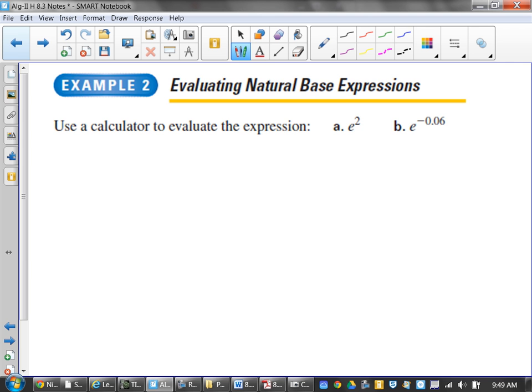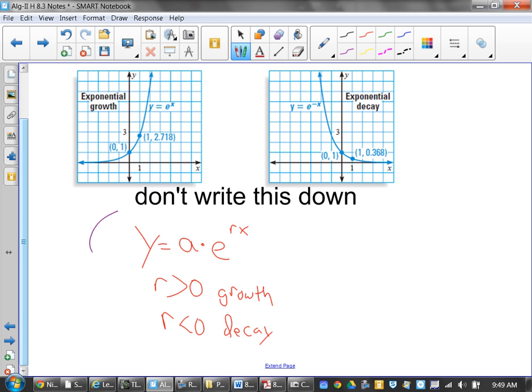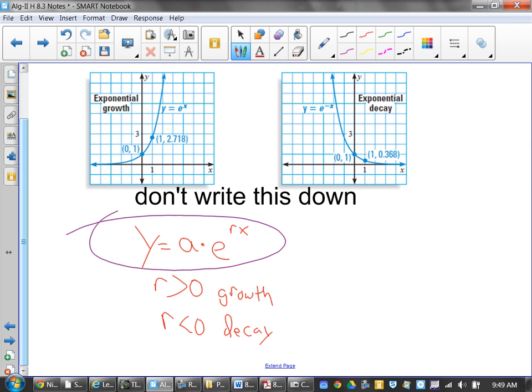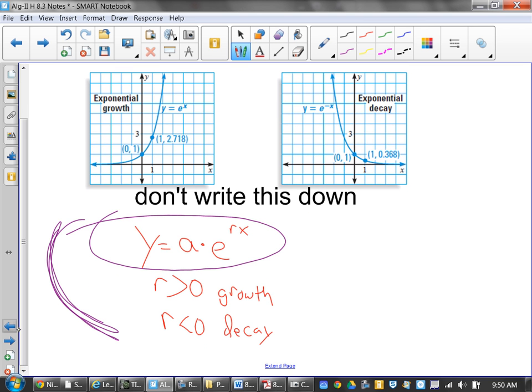So when we talk about graphing these, what I want you to remember is that it's extremely easy to tell the difference between growth and decay when you're working with e. Don't write all this down. This is all you need to know out of this long paragraph.